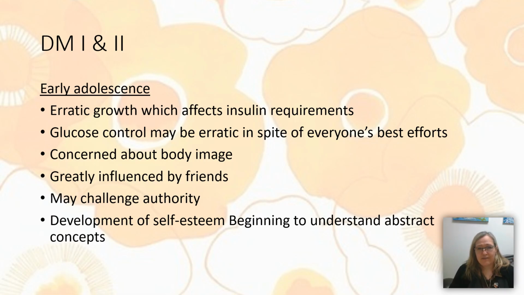It's something you have to just read. You can read about it, and the child can learn that way. But it's a completely abstract thought. So at this age is the first time when you can really start to educate the child about some of the things that could happen if they don't control their diabetes, such as neuropathy, blindness, things like that.